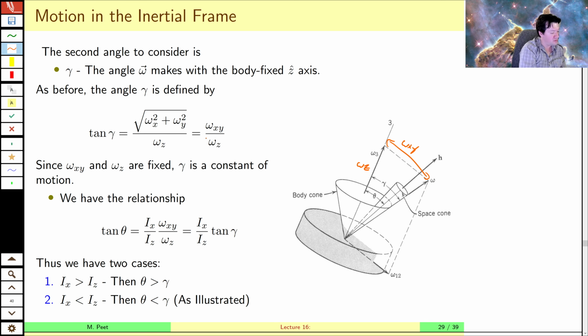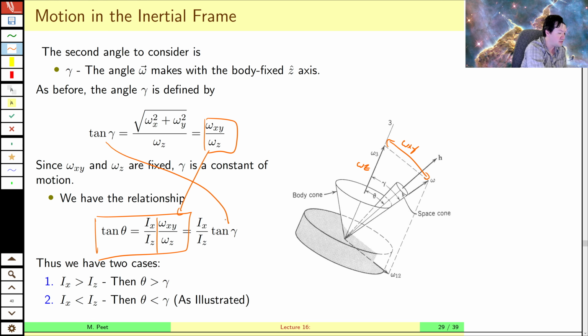And furthermore, what's interesting is that if we look at the expression for theta, the angular momentum angle, part of that is just this expression here. So we plug in that expression there. We know that's equal to tangent of gamma, and so we can express theta in terms of tangent gamma.